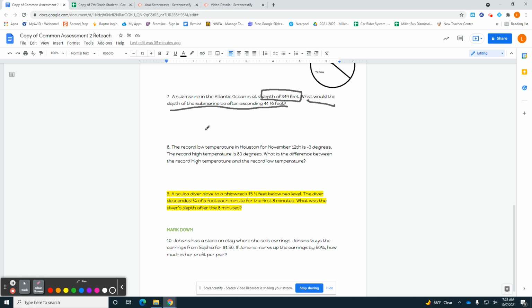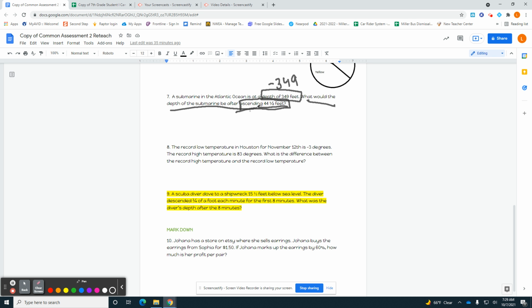If we're talking about how deep something is, are we talking about it going up or down? Okay, if you said down, you are correct. So that means this is a negative 349. What would the depth of the submarine be after ascending 44.5 feet? If they're ascending 44.5 feet, are they going up or down?